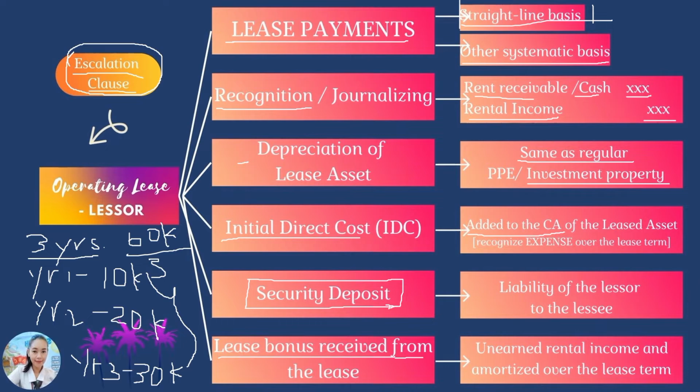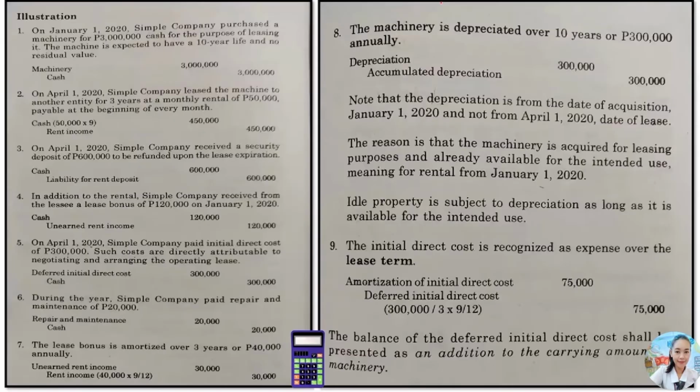Now, in order for you guys to understand even better, let's go to the illustration. Right. On January 1, 2020, si Simple Company nag-purchase of machinery for 3 million cash. Ang purpose niya is for leasing.